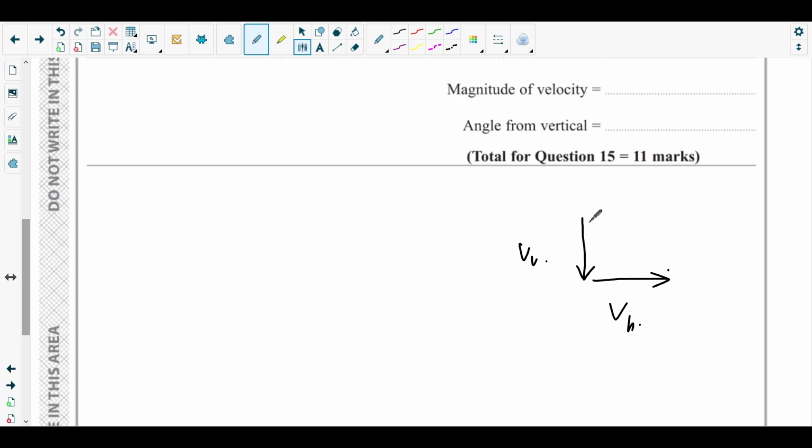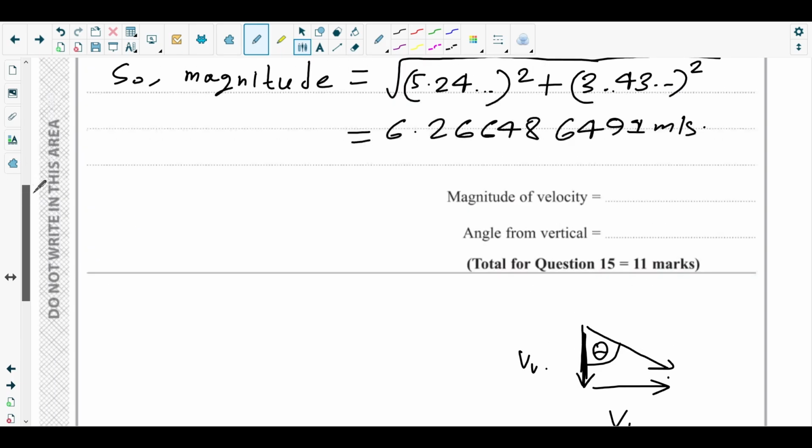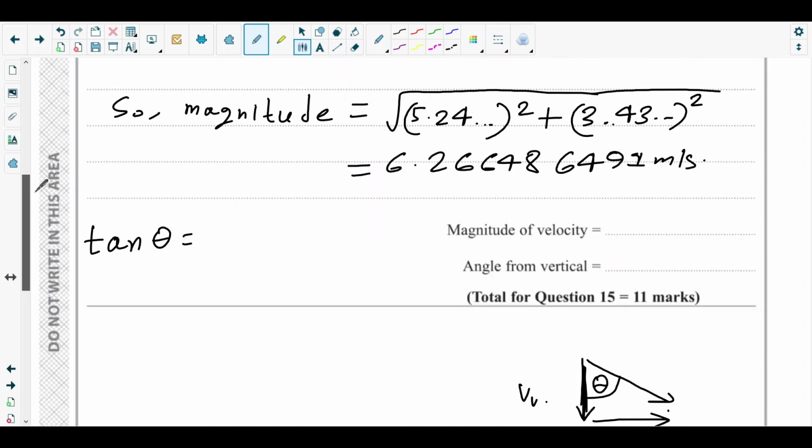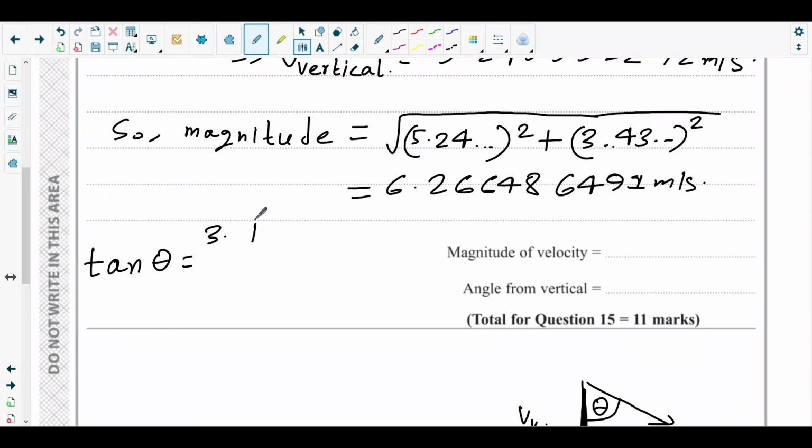We need to find the angle theta from the vertical. Let's use the trigonometric ratio: tan theta equals the horizontal component of velocity, 3.43 something, over 5.24 something. Then you will get the angle theta.